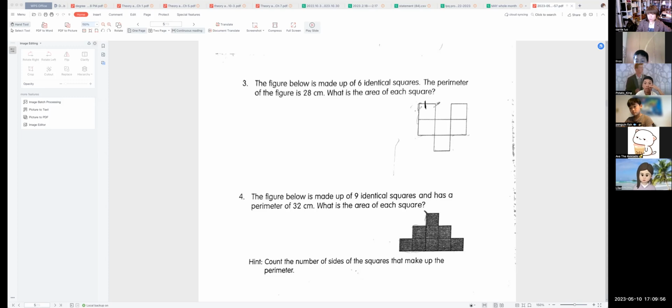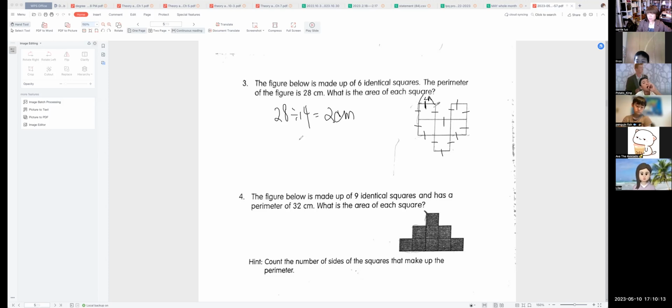So you need to count 1, 2, 3, 4, 5, 6, 7, 8, 9, 10, 11, 12, 13, 14. So 28 divided by 14 equals 2 centimeters. That is the side of each one.